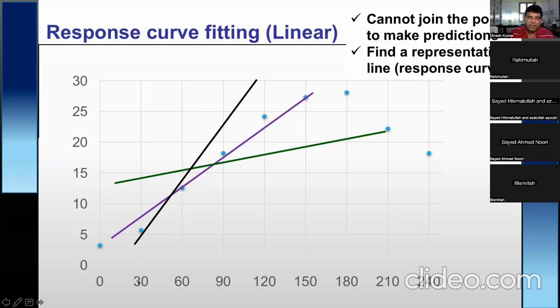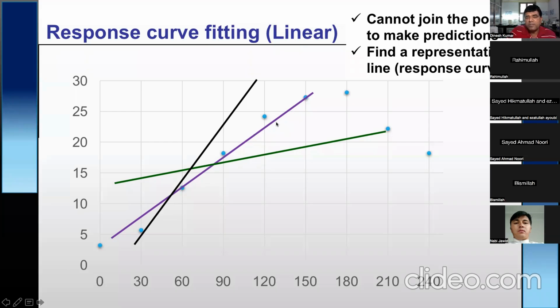For example, at 30 kg fertilizer, you get this much yield. At control, you get this much. At 60, you got this. At 90, you got this point. At 120, this point, this point, this point. So all the data have been plotted on the graph paper.